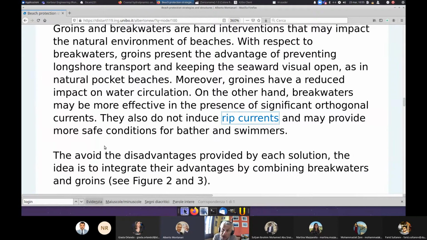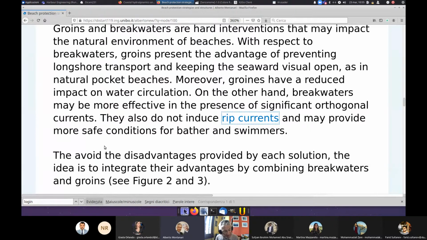This benefit is clearly not so relevant when you combine breakwaters with groins, because what we should avoid is giving the feeling that the beach became an artificial environment.